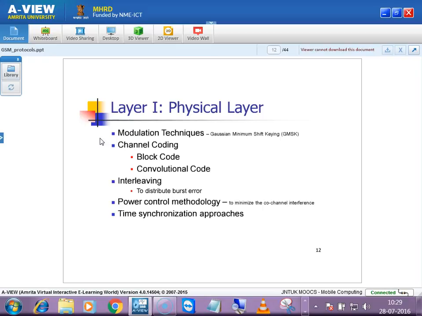Interleaving, in the sense of distributing bursts: you are interleaving slots. If you take TDM, time division multiplexing, user 1 is allocated slot 1, user 2 is allocated slot 2. Maybe sometimes user 1 is allocated 2 slots because he is given higher priority.